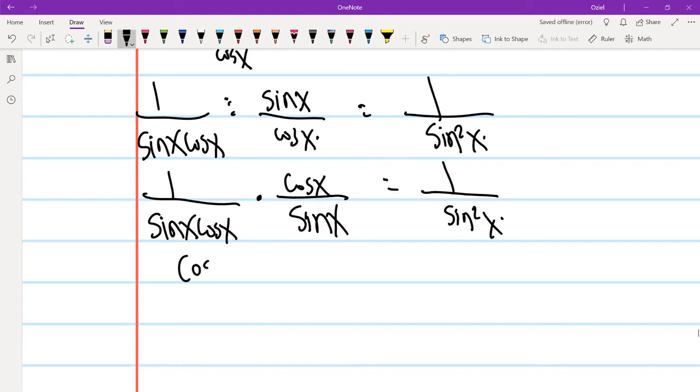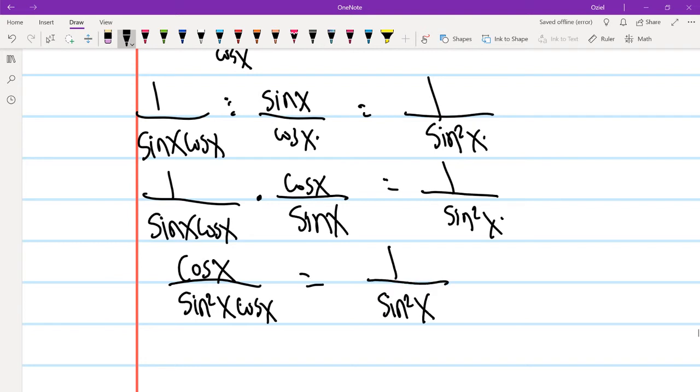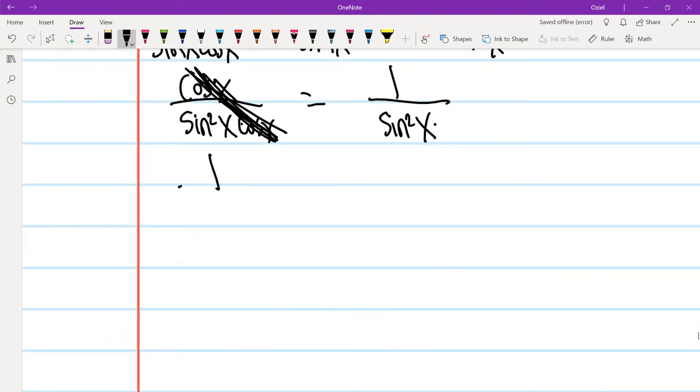And so then we'd have cosine of x over sine squared of x cosine of x is equal to 1 over sine squared of x. And then we'd cross that part out, and we'd have 1 over sine squared of x equals 1 over sine squared of x.